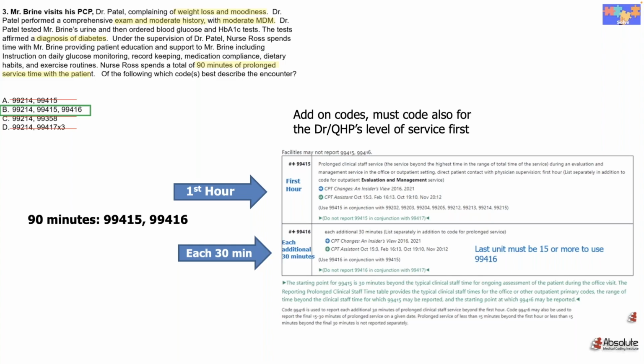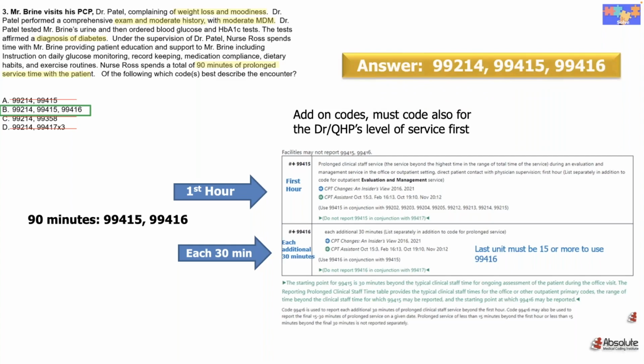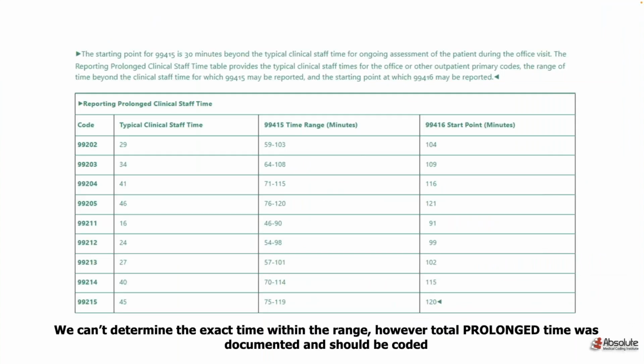I got something for you. Let me tell you why you can just code the prolonged services. So, this typical time chart has a range of time. If you go to level of service 99214, the typical clinical staff time is not 40, it's 40 up to 69 minutes.